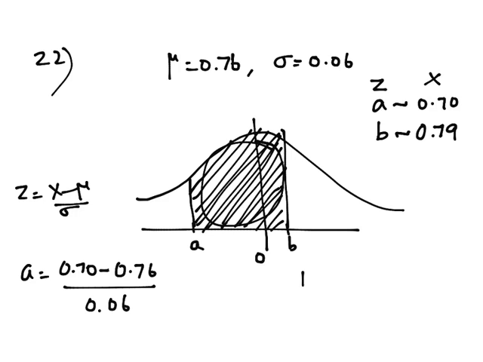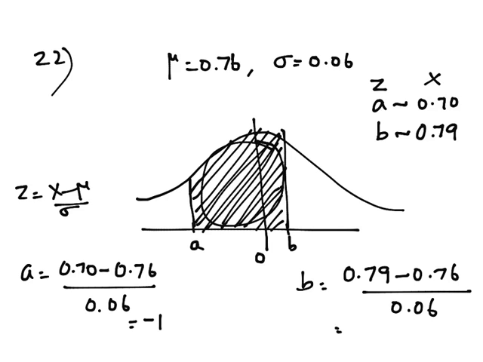And similarly, B is 0.79 minus 0.76 divided by 0.06. If you use your calculator, you will get these answers. A is minus 1 and B is 0.5, which is half.